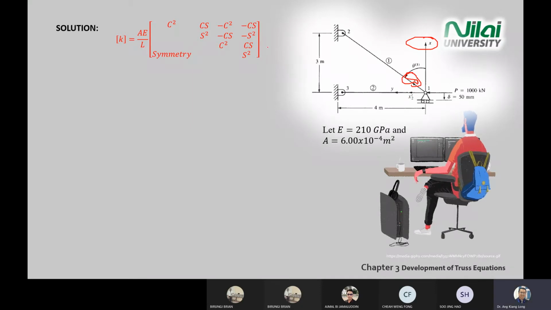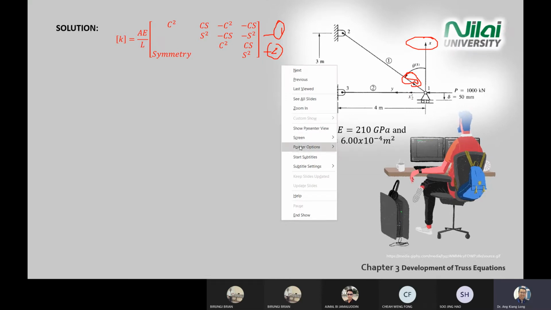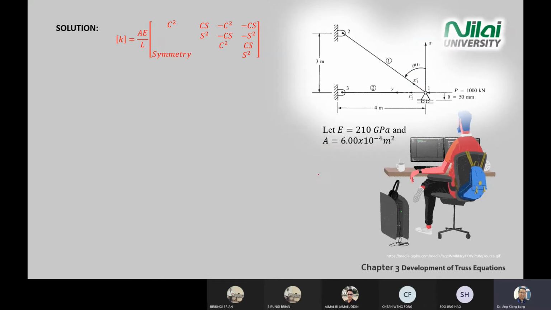Each element gives you one set, so with two elements you have two sets. Remember I taught you about the table: you calculate cos, sine, cos square, CS, and S square for each element. Then you just refer to the table and substitute the numbers into your answer.